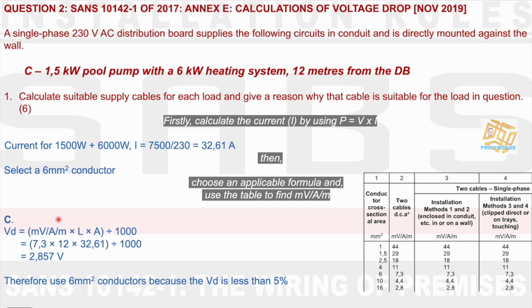If it had been 30 amps, I could have used 4 millimeter squared cable, but because it's slightly higher, I go to the next cable size. According to my experience and SANS, it is 1.5, 2.5 millimeter squared, 4 millimeter squared cable, 6 millimeter squared cable.